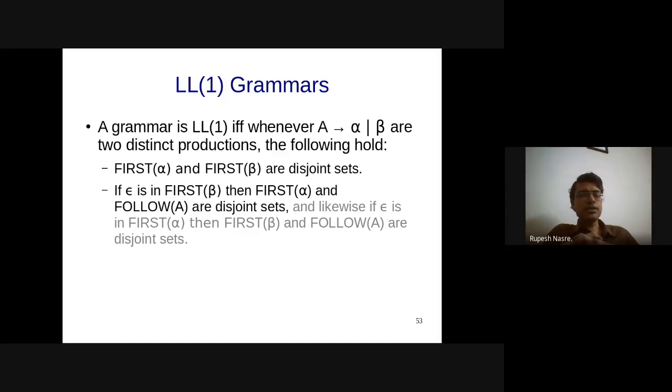The first condition is that first of alpha and first of beta are disjoint sets, which means that I cannot have A deriving small c capital Z or small c capital Y, because the first is going to contain the same small c. This is going to be one requirement for first of alpha and first of beta. Why is that required? Why should the first condition be necessary?